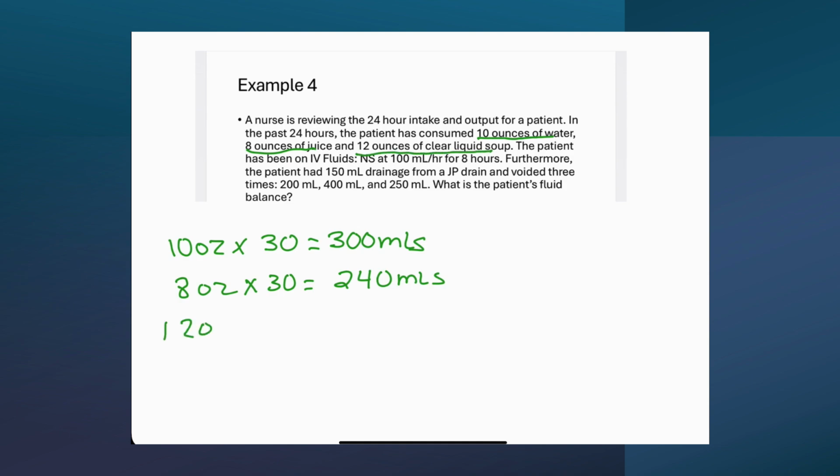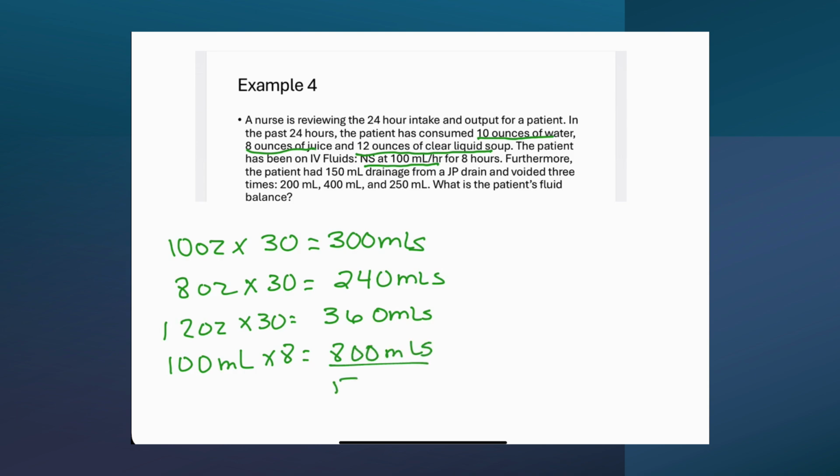So that's going to be 12 ounces times 30. And that's going to give us 360 mLs. And then the last intake we have is the normal saline going at 100 for 8 hours. So we're going to take 100 mLs and we're going to times that by 8 hours, and we're going to get 800 mLs. So we're going to add all that up together, and you should get 1,700 mLs. So this is the patient's intake.